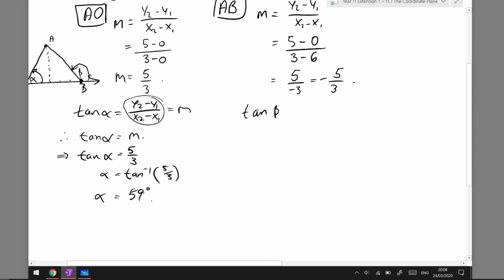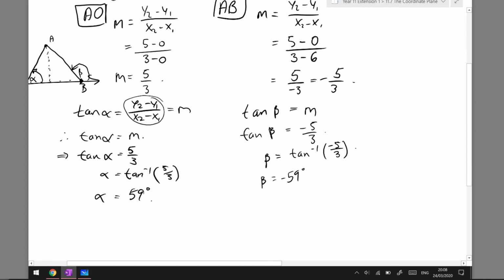Tan of beta is equal to m, so tan of beta is equal to -5 on 3, which means that beta is equal to tan inverse of -5 on 3. So we put that into our calculator, and what we get is -59 degrees and 2 minutes, like we did with the other one.